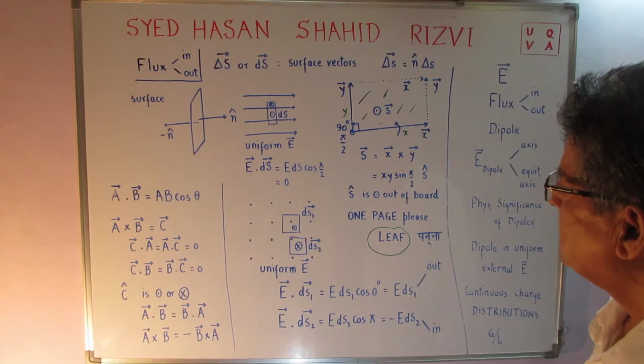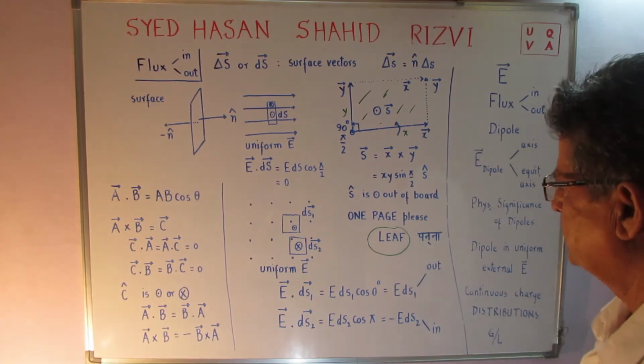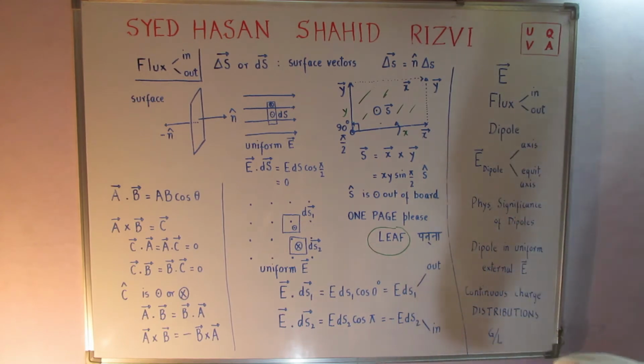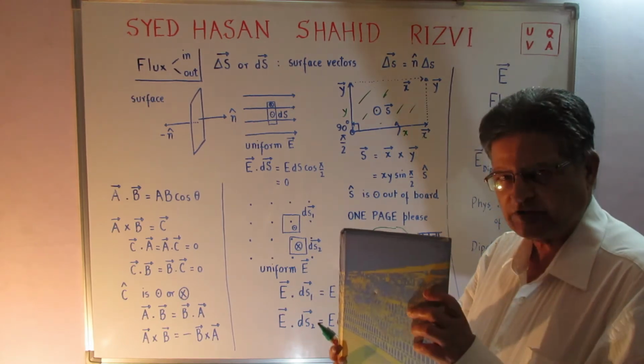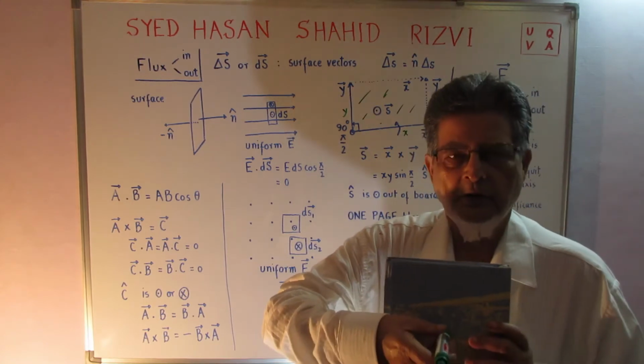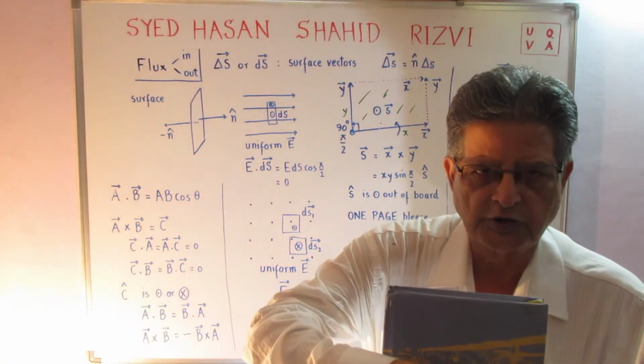So you can give me a leaf. You understand now that every surface has two faces. One is this face, its vector is towards you.